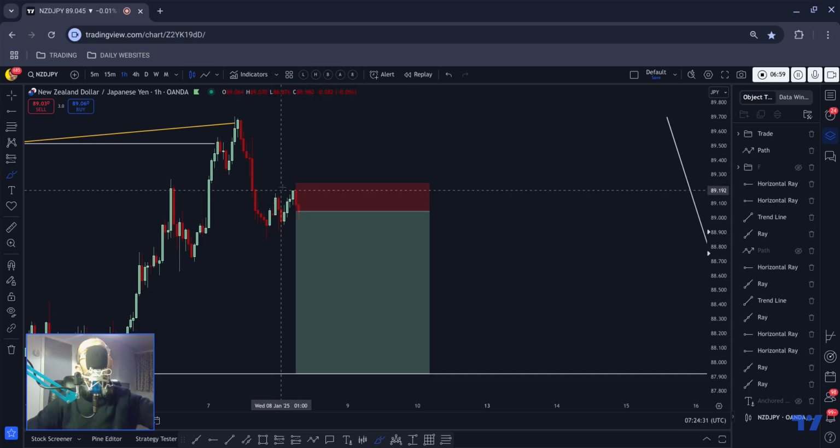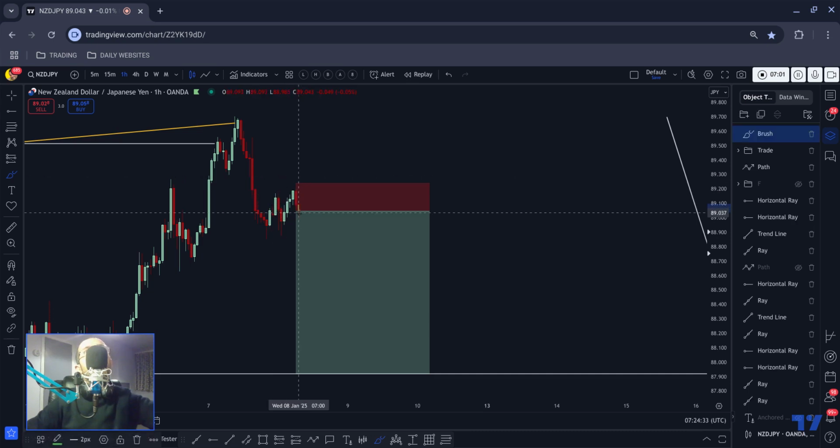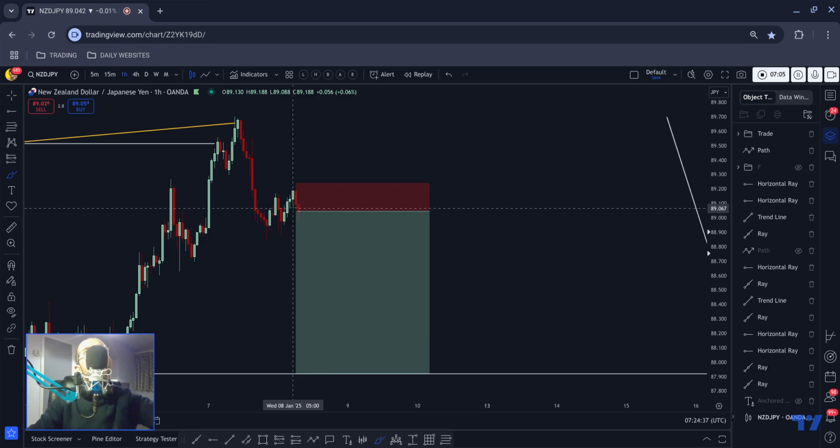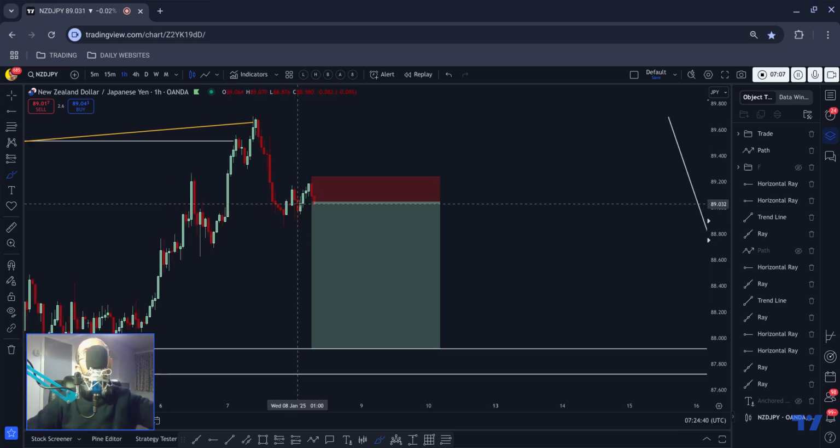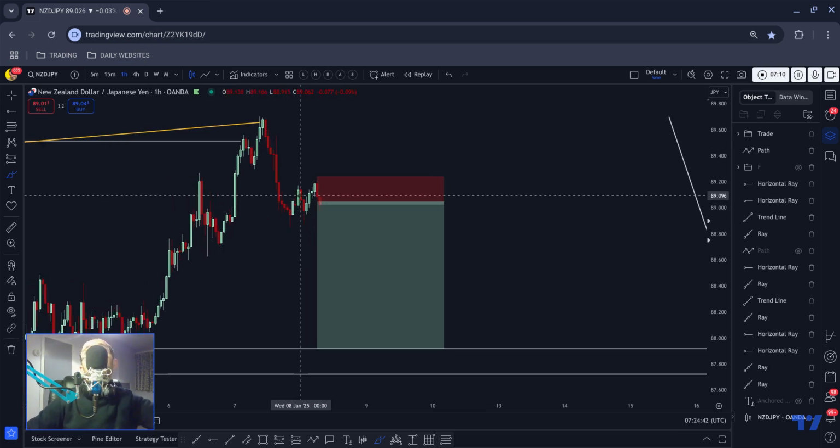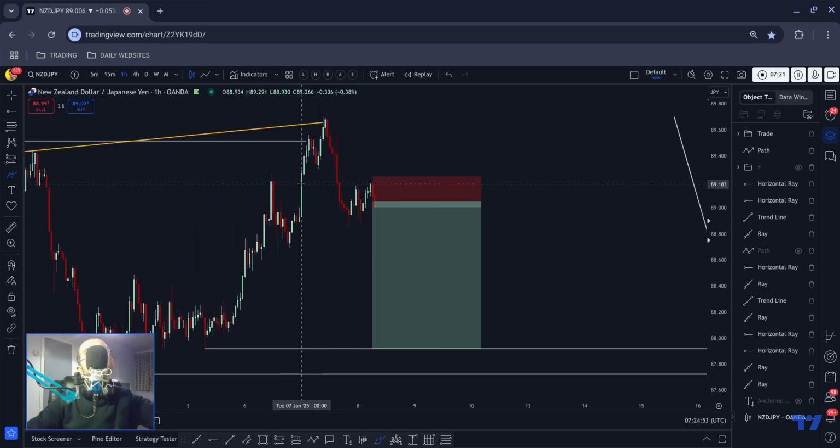It's a little less fiddly, but you will get tagged in a lot of times and then tagged out like that. Whereas if you just put it where I have, just below the close of the candle, you'll save yourself a lot of losses. So don't try and be greedy and just get an extra tight stop loss. That's what the amateurs are doing. Put your entry just below the close of the candle rather than at the close in these instances, and you'll save yourself a lot of losses.